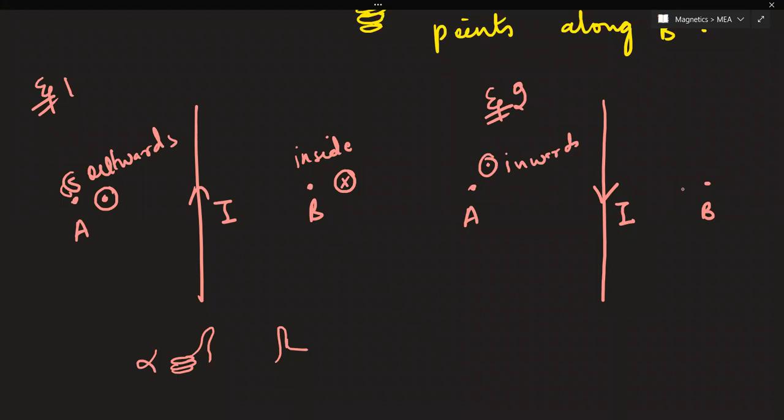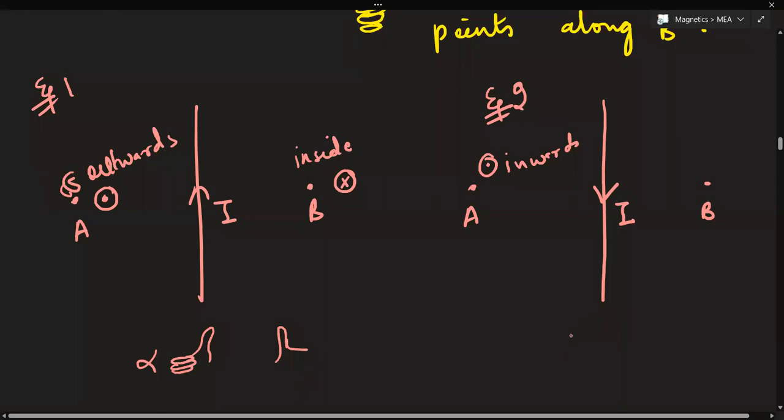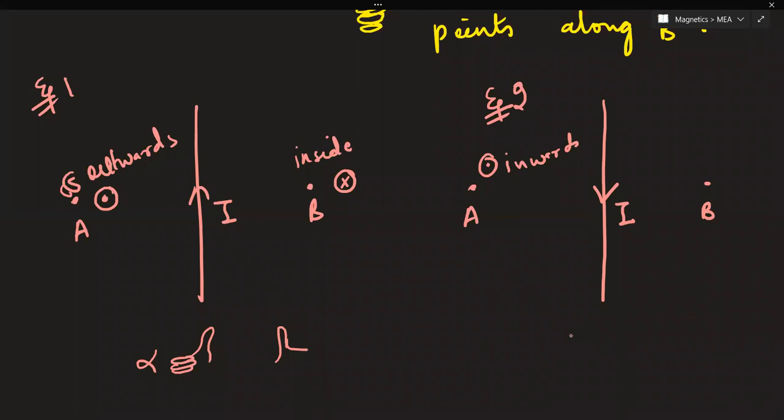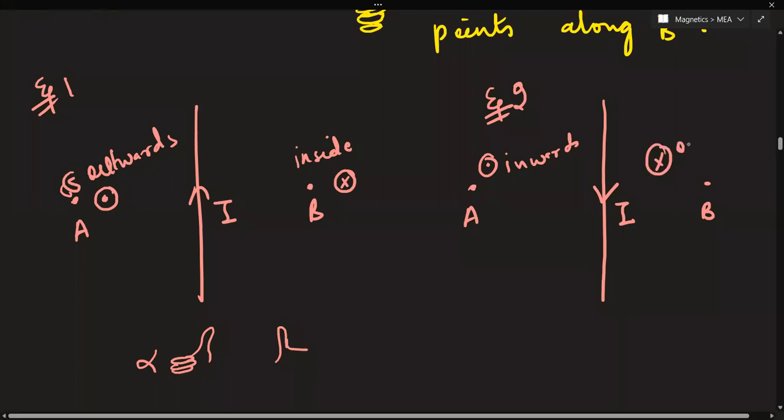Right hand, thumb pointing downwards because this is the direction of current. Yes, Khalid, correct. And Sneha, perfect. Hanya, outwards. Exactly. This will be a cross and it will show outwards.